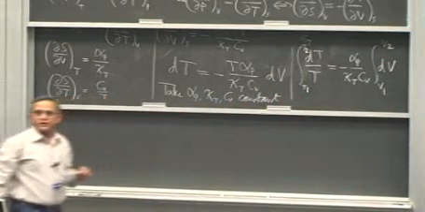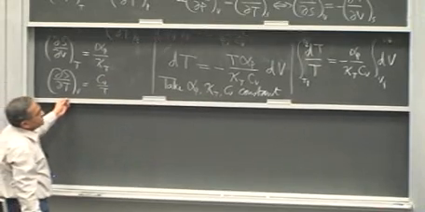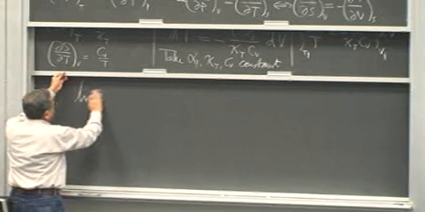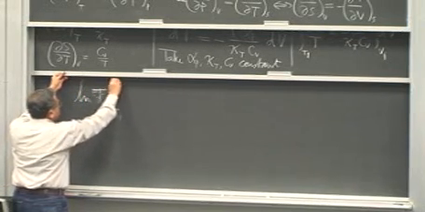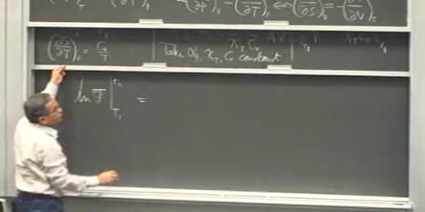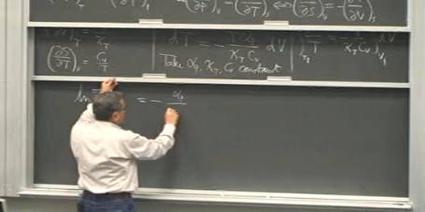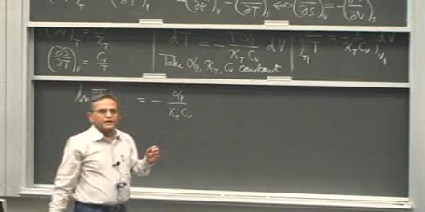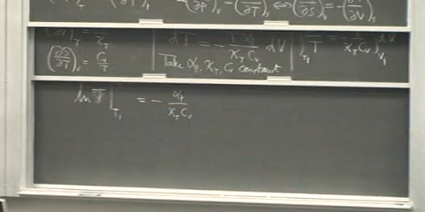All right. So we can then take this as log of T between T1 and T2 is equal to minus alpha P over kappa T CV. Please stop talking. What is the problem?